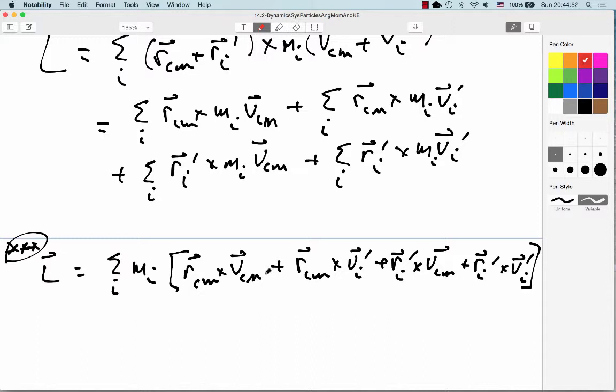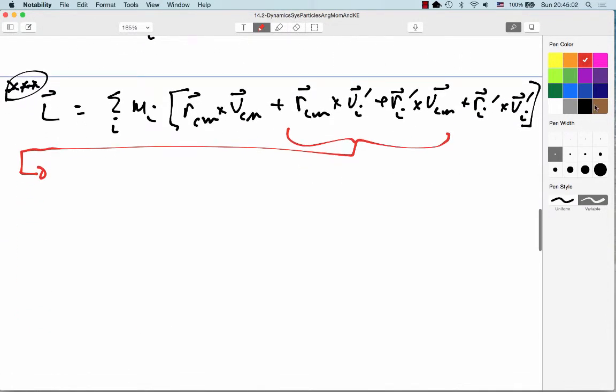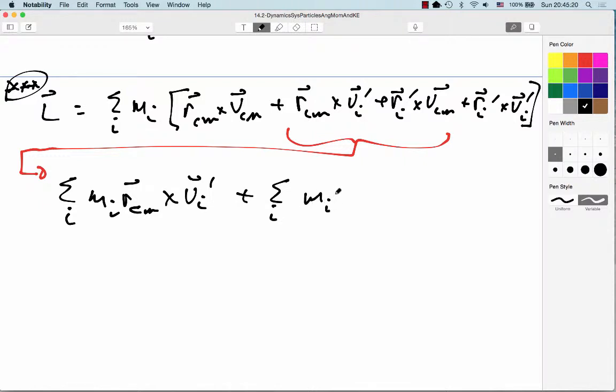The terms we're going to focus our attention on are the center two terms. So we have here the sum over i of m_i R_CM cross V_i prime, plus the sum over i of m_i R_i prime cross V_CM.